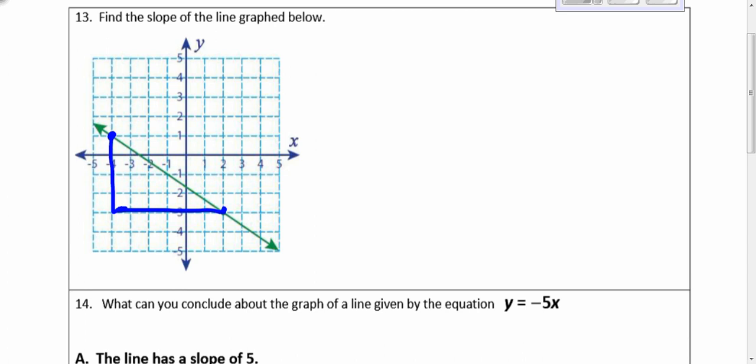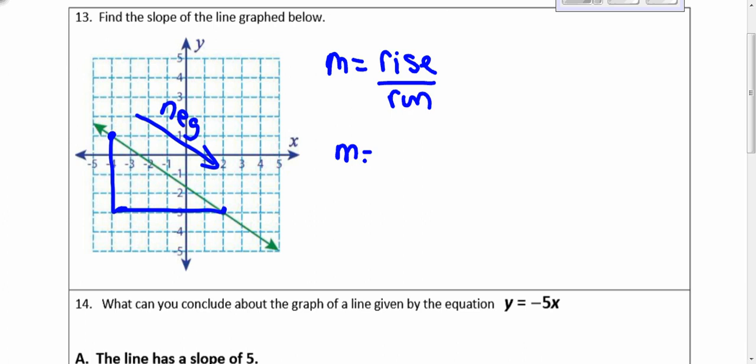And this line is going down, so it's definitely going to be a negative slope. So we're going to have m equals rise over run, and m equals, just put the negative out there already. It's definitely going to be negative.